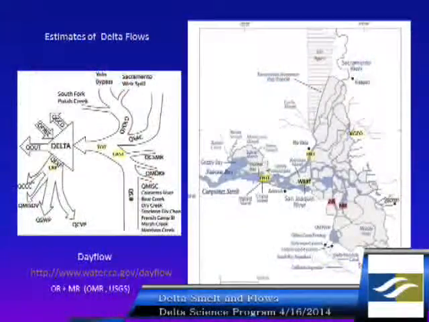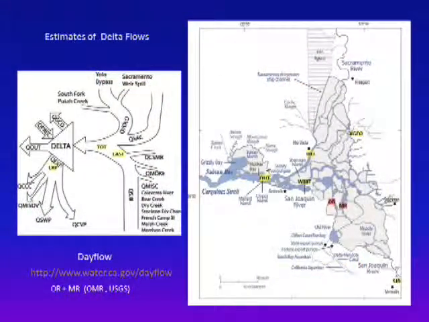And the last objective is to also address the Delta Smelt salvage as a proxy for entrainment related to flows too. So this is what I mentioned about the publicly available information. Dayflow is a very good source of data that is available at that website.